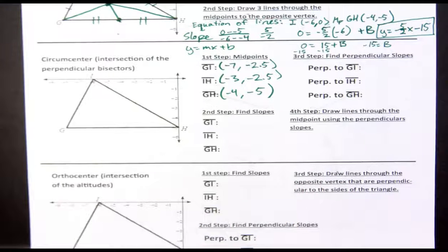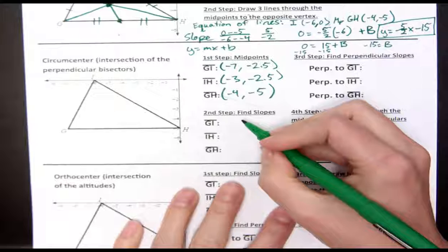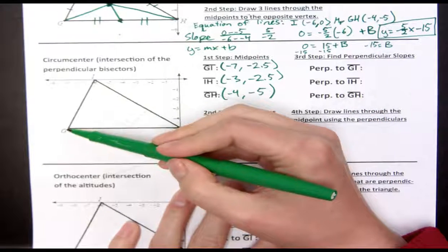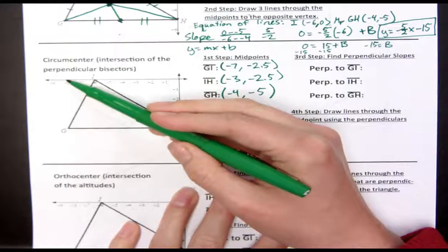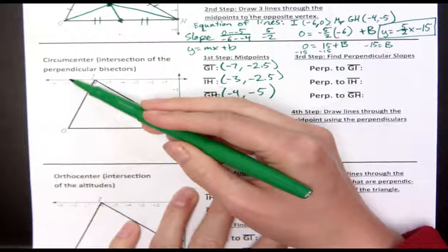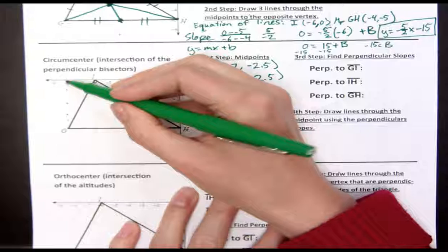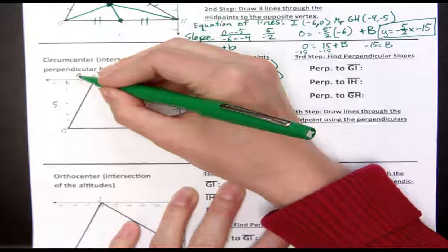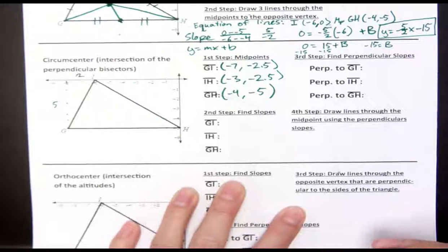Okay, and then we have to just find the perpendicular slopes now. And so to find perpendicular slopes, we find the regular slopes first. So G to I, if I'm counting up from -5 and then over 2, if I count up, this would come up 5 over 2, correct? Did I count my slope right?